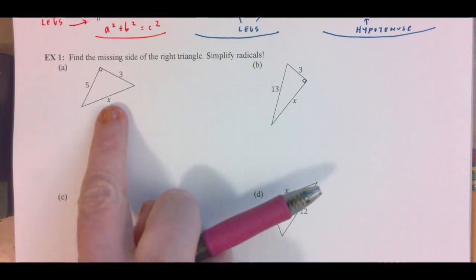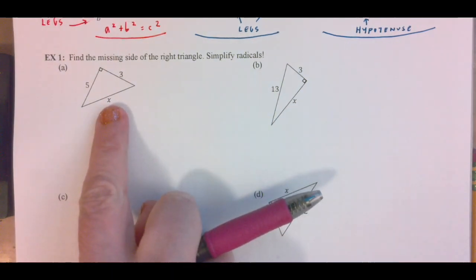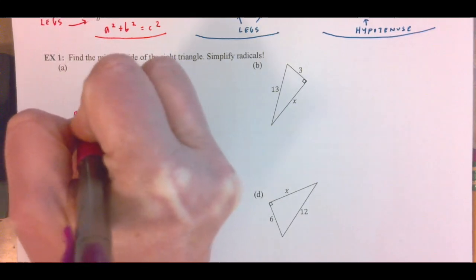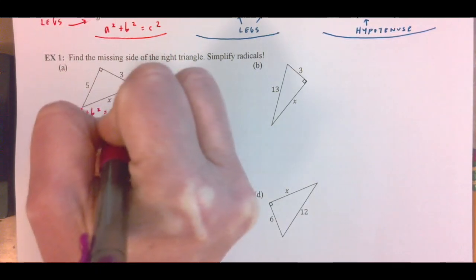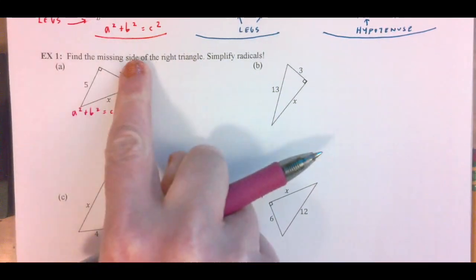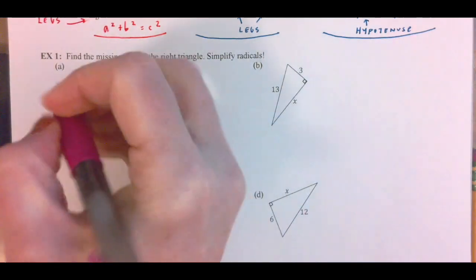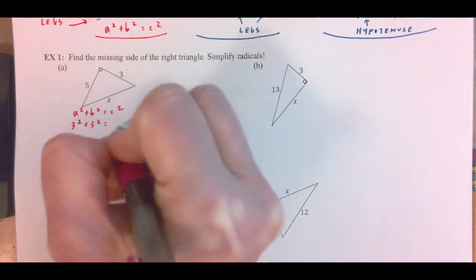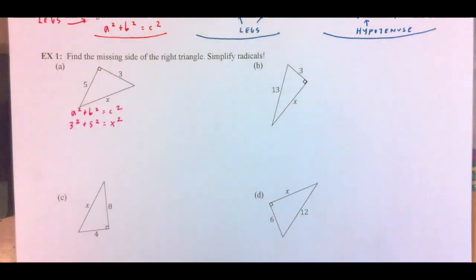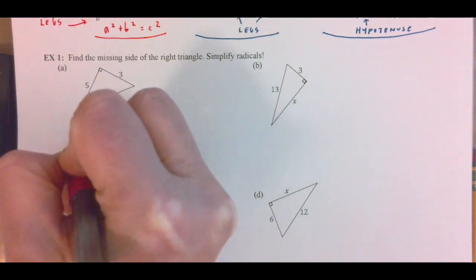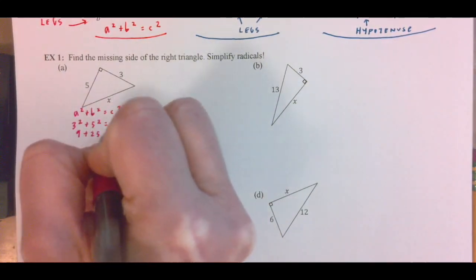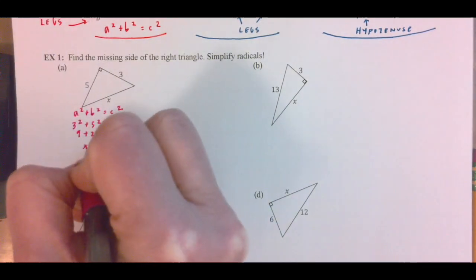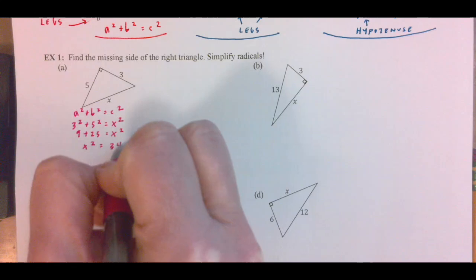So in this one, I want the hypotenuse. So let's say I do it the longhand way. a squared plus b squared equals c squared. Again, those are my legs. This is my hypotenuse. So I know that 3 squared plus 5 squared equals x squared. Okay, so 9 plus 25 equals x squared. x squared equals 34.